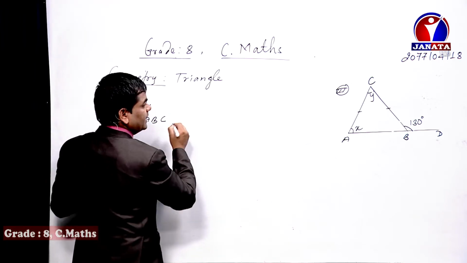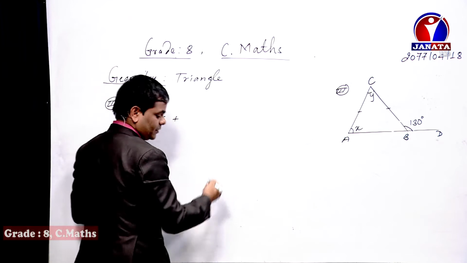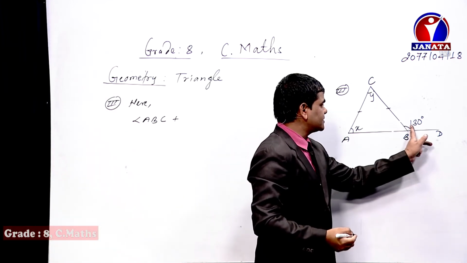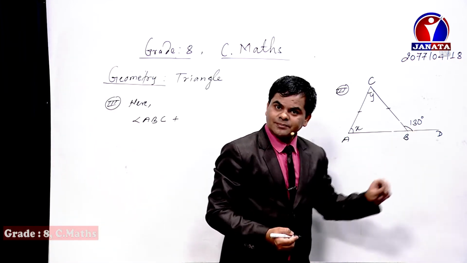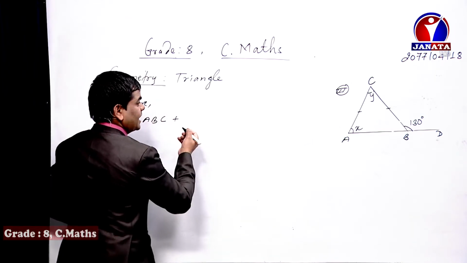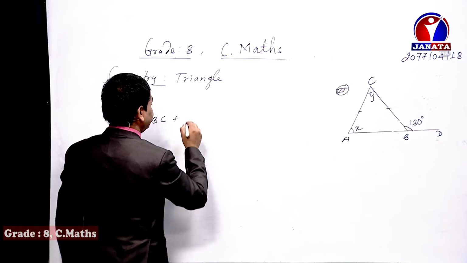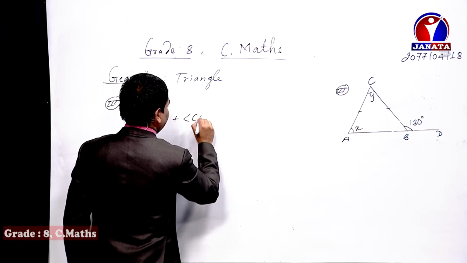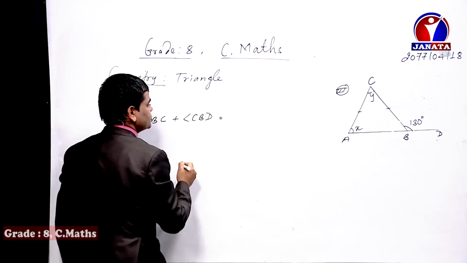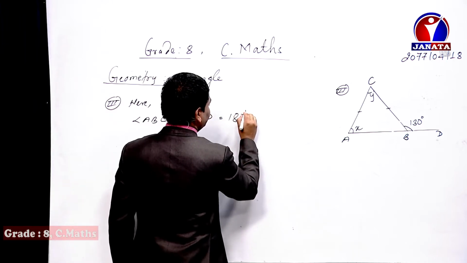So angle ABC plus angle, what about this? If we write this 130 degree in triple letter form, what do we have to write? We need to write either CBD or DBC, and alphabetically which one becomes proper? Angle CBD. So their sum becomes 180 degree, we know, isn't it?